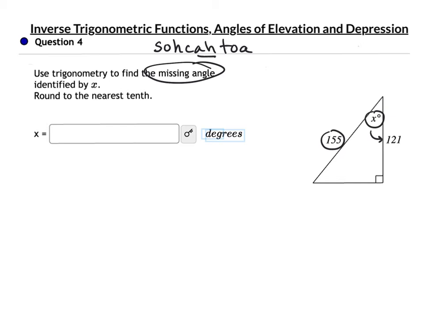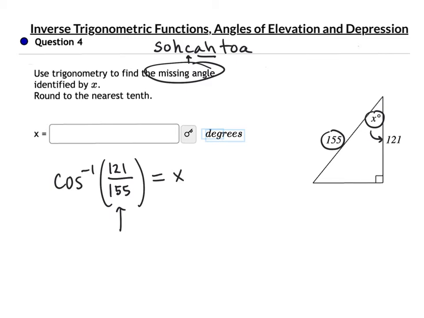Adjacent and hypotenuse is cosine. But since we're looking for an angle, it'll be the inverse cosine. Normally, I put an angle in right here, but because it's the inverse cosine, I'm putting in a ratio, adjacent over hypotenuse, 121 over 155.